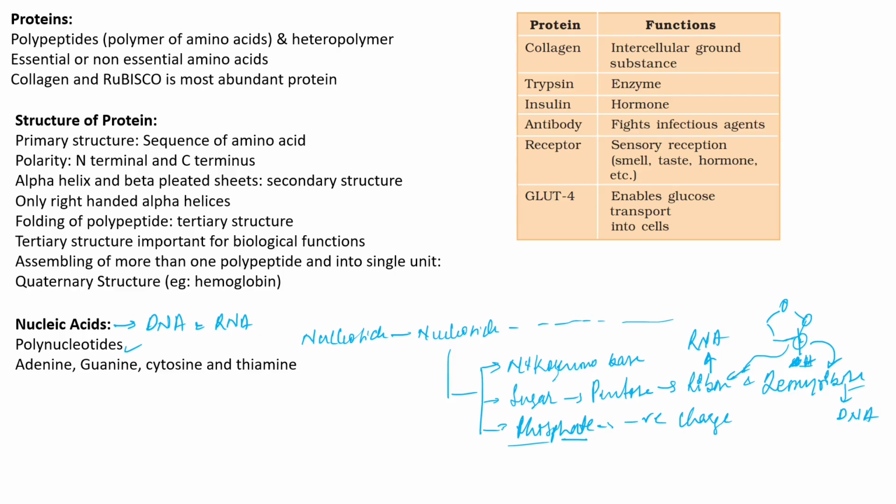Hence we can say that the backbone of the nucleic acid, be it RNA or DNA, is the phosphate backbone. In your textbook they have mentioned the backbone in the case of RNA or DNA as the phosphate sugar backbone.